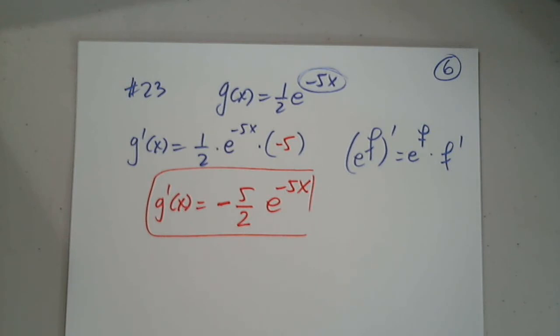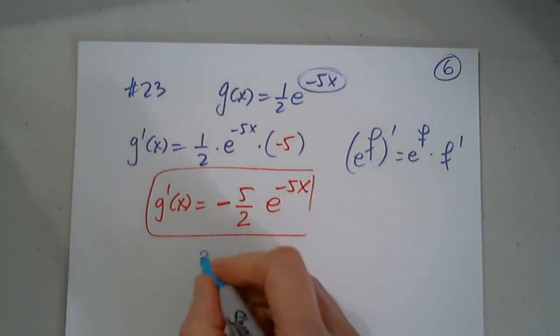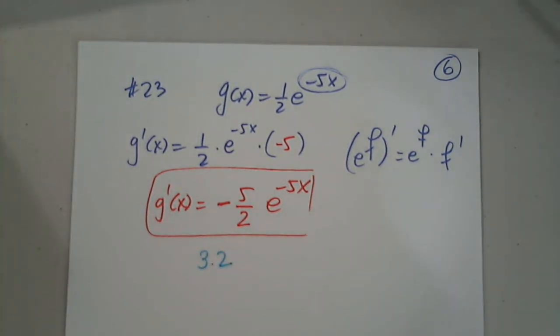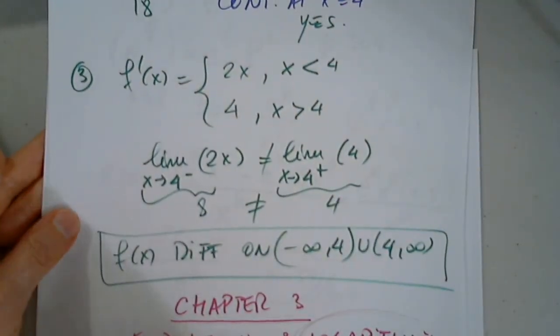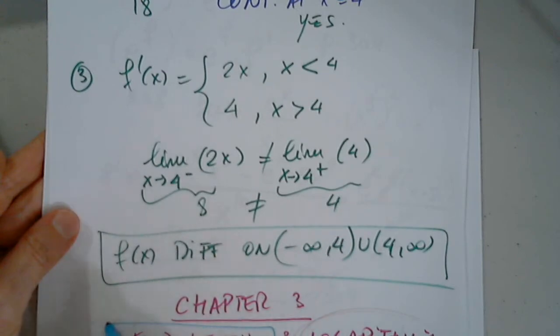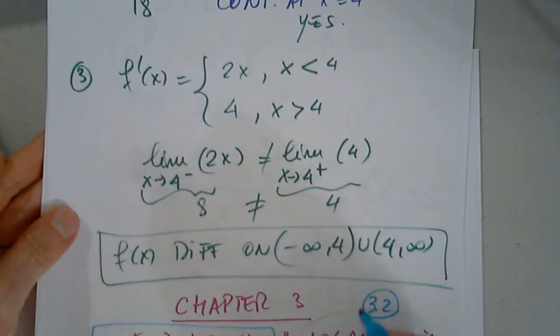Okay, so I would like to talk about the log functions and their derivatives. And that will be the end of chapter 3. There is nothing else there. So this is section 3.2. The first one was 3.1, so the exponentials is just 3.1, and this will be 3.2.